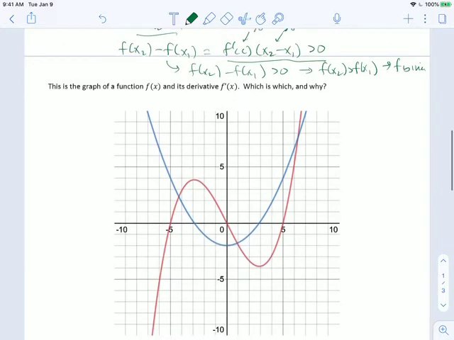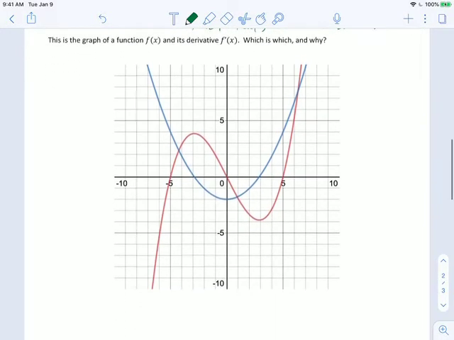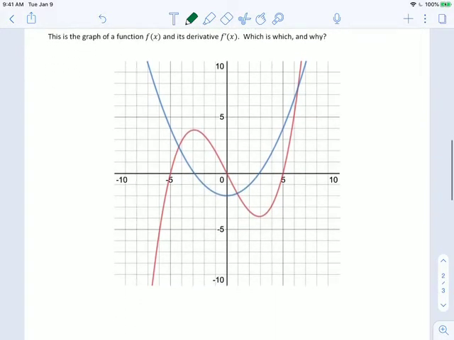Okay, well, let me look at a couple more examples here. We've got two functions graphed here, and I'm saying that one of them is the graph of a function and the other is the graph of the derivative of that function. And I'm asking you to determine which one is the function and which one is the derivative.